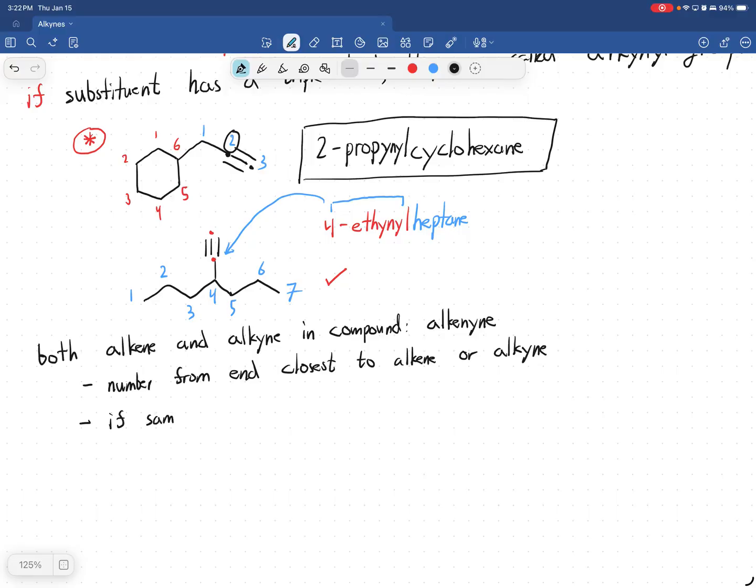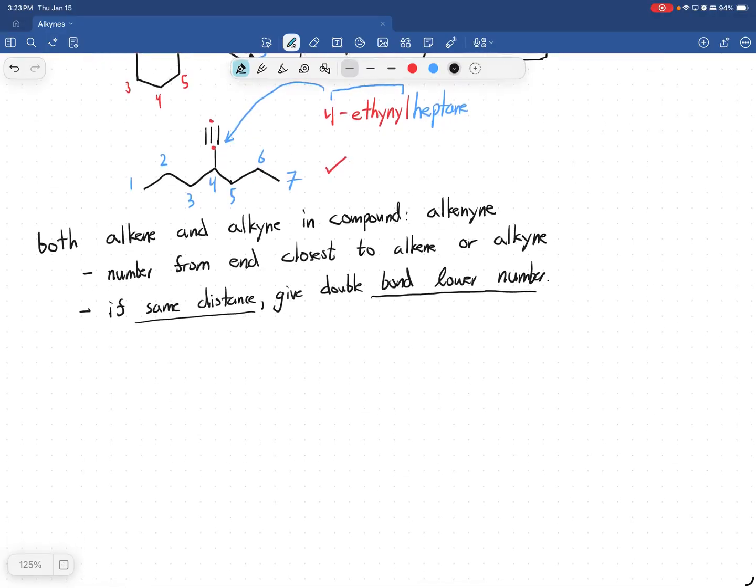If same distance, this is probably not why, but they gave the double bond preference, maybe because they're more prevalent in nature. Lower number. So we're going to give the double bond the lower number. If they are equal distance, that means they'll have the same number regardless of which end you number it from.